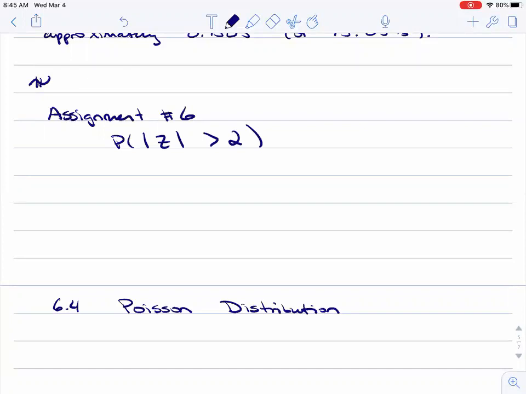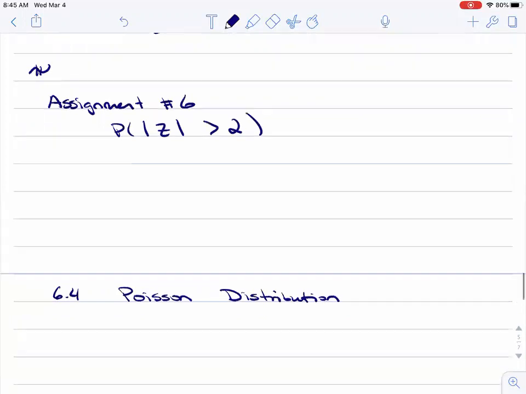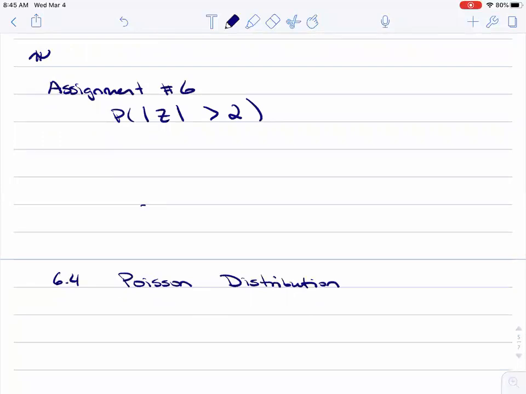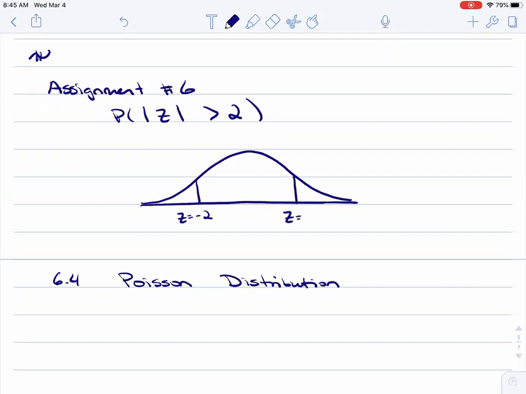If you have a negative value and you take the absolute value of it, it drops the negative. So if Z is -2, the absolute value of Z would be 2. And if Z is +2 and you take the absolute value, you get 2. So either way, you get a value of 2 for Z.